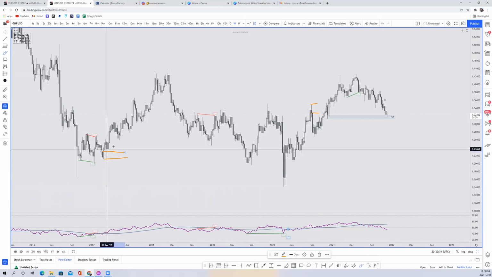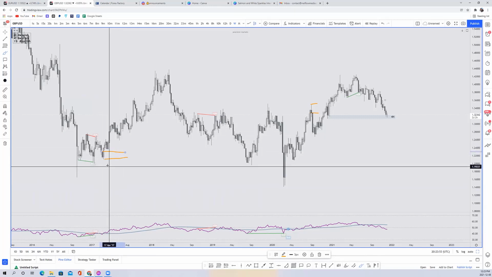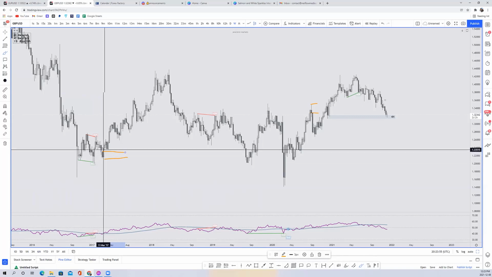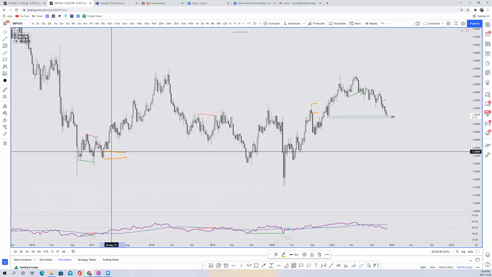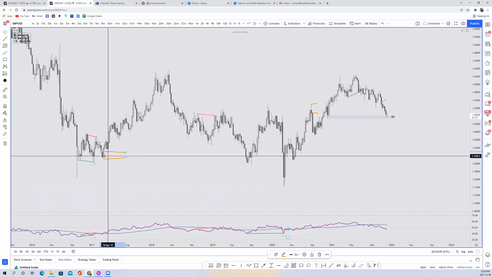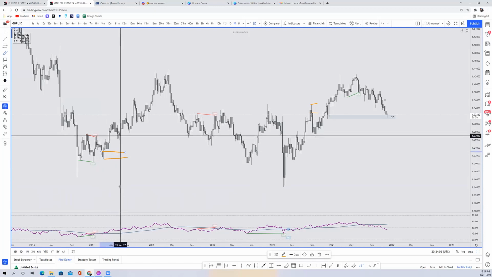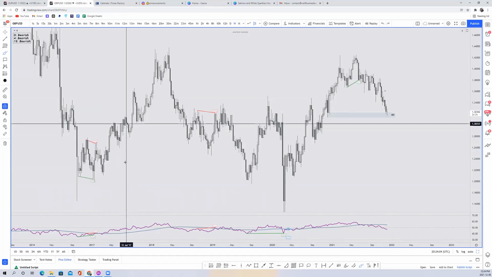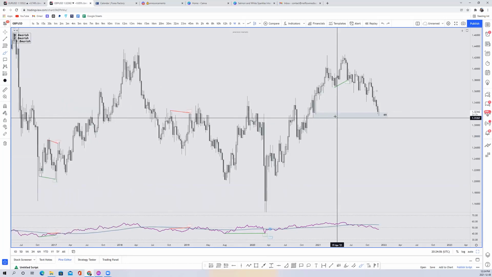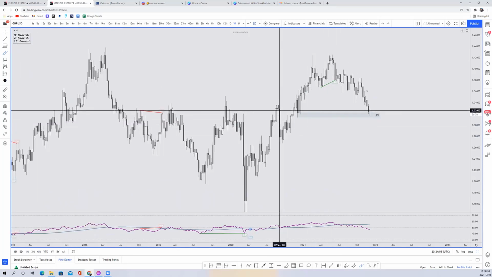But the reason I use the body close and then the wick is that where the body closed is actually your highest volume, right? So that's kind of trying to dial in the precision of your supply and demand zone. And if you look at any swing traders, that's the swing supply and demand or order blocks.